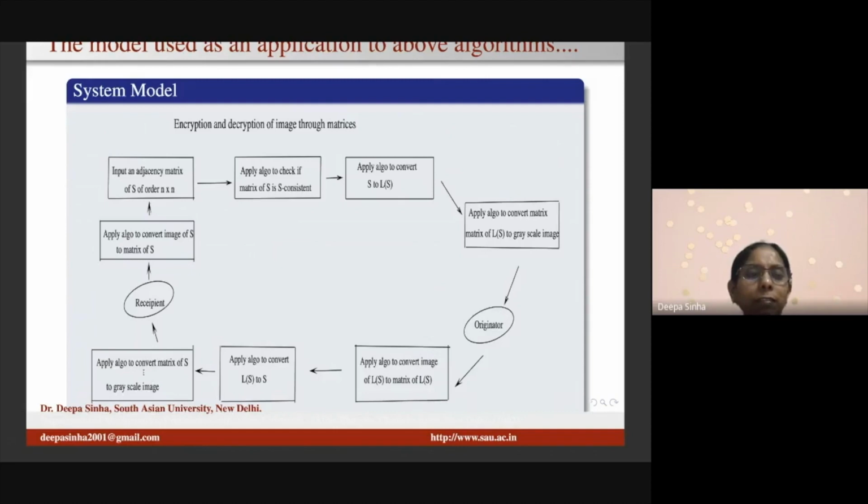Then he will apply the algorithm to convert the matrix of S to a grayscale image.